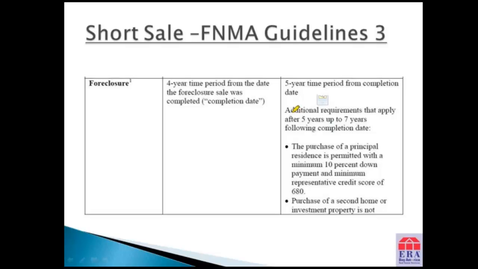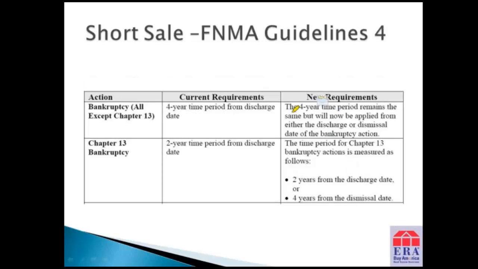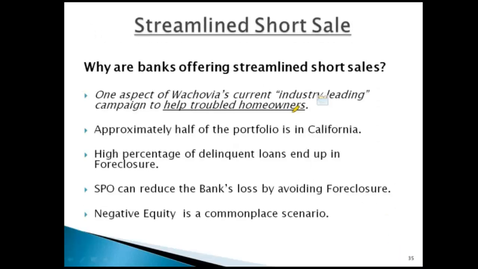Then you have to consider that it could be up to 7 years depending on how severely your credit was impacted by it, how many months you waited to start your short sale or to issue your deed in lieu of foreclosure. So hopefully that'll give you a better idea of the process and the severity of each alternative, each option.